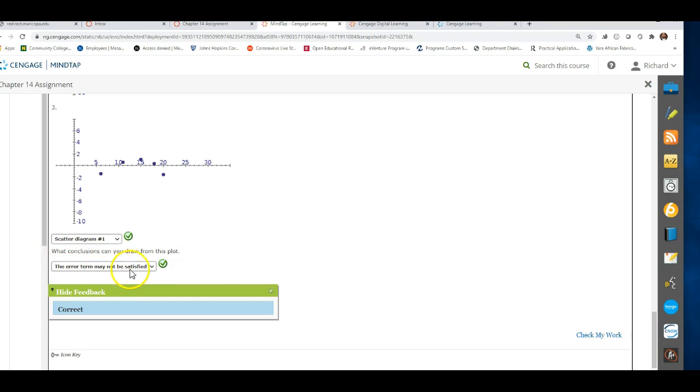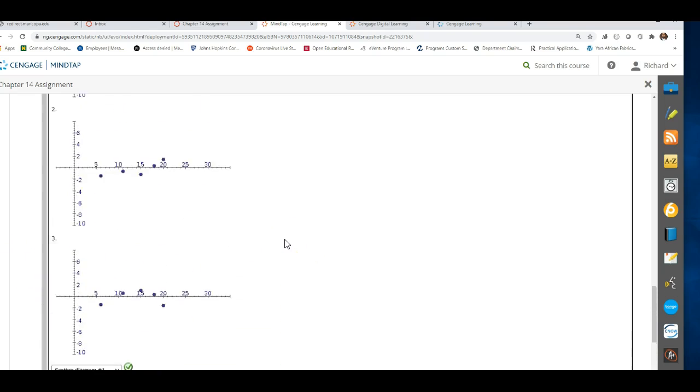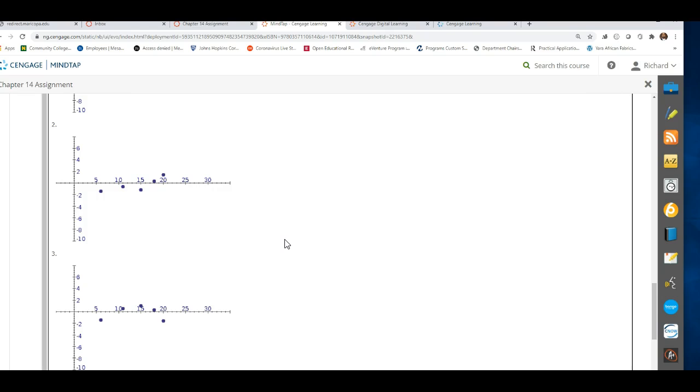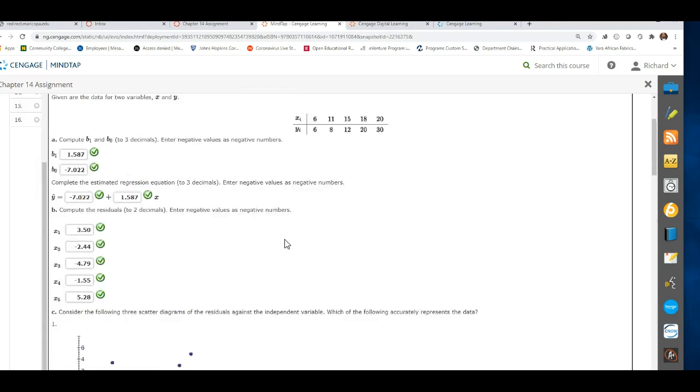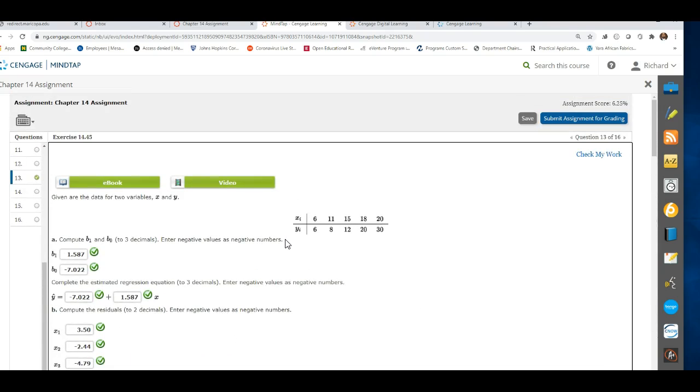So the error term may not be satisfied. Again, even though our R squared, the coefficient of determination, is 0.81, which would lead you to believe that the equation accounts for 81% of the variation of y given x, which is why the residual analysis is important.